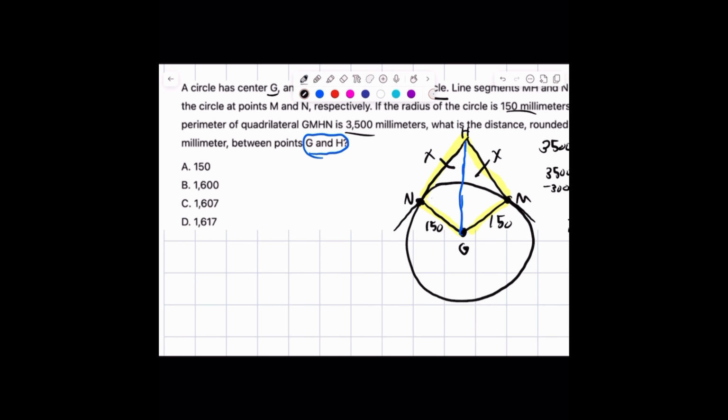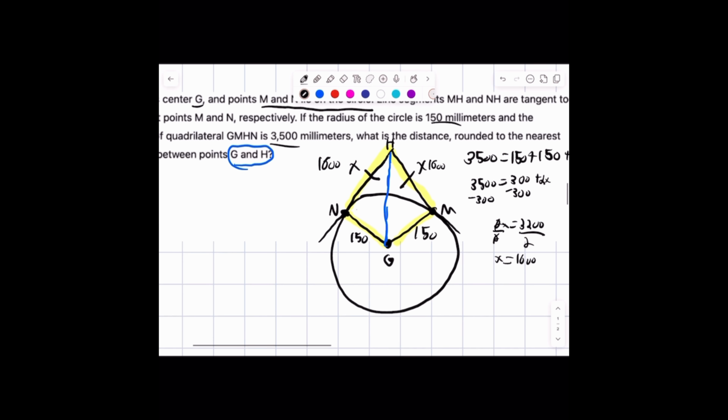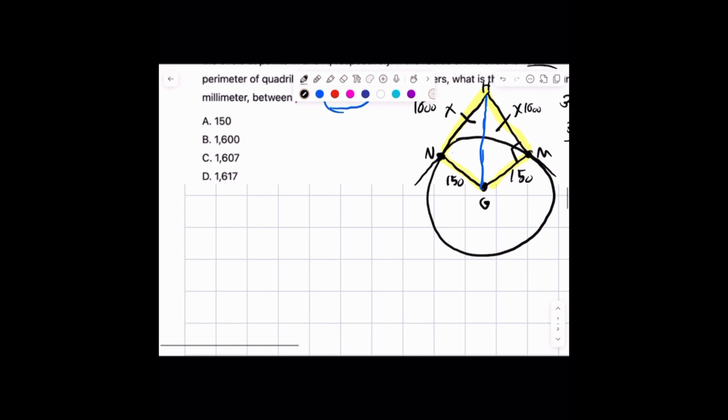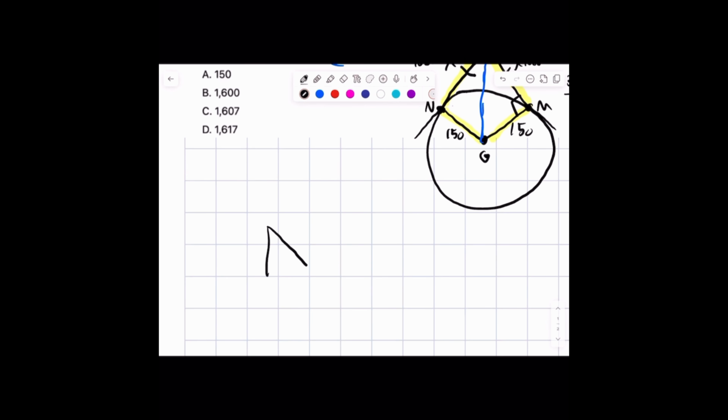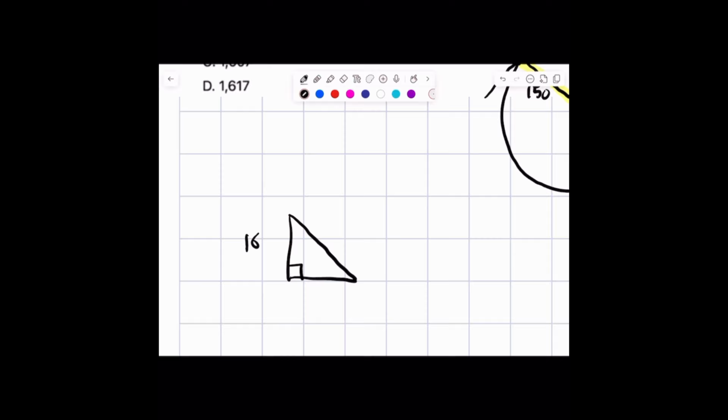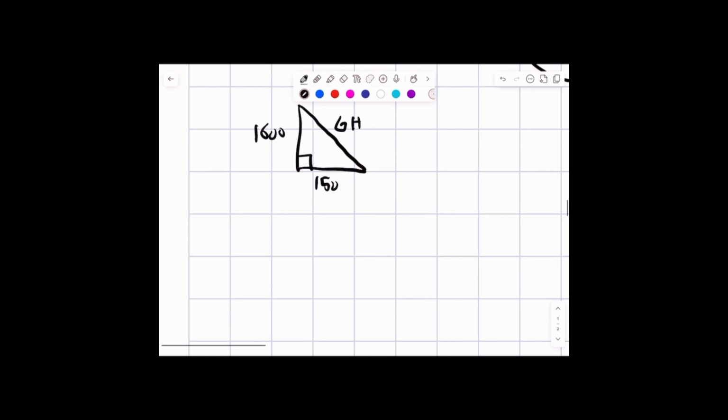So let's simplify this here. Now that we know that x is 1600, we can see a little pattern forming. So this right here is a right angle. And now, when we have a right triangle, because a right triangle must have a right angle, we can set up a little Pythagorean theorem between 1600 and 150 to solve for G and H. While doing this, if you don't remember the Pythagorean theorem, that's totally fine.